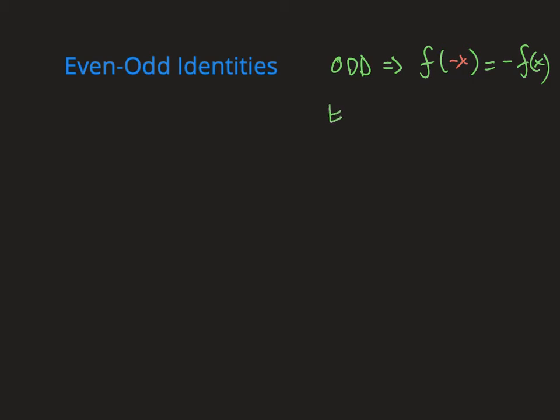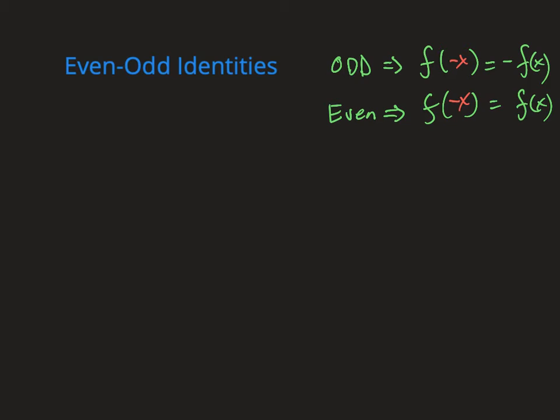And a function is even if, when you plug the negative x into the function, it equals the same as f of x. So we learned that characteristic of even and odd functions back when we studied functions in general. And it doesn't take long to figure out that these trigonometric functions fall into those categories.